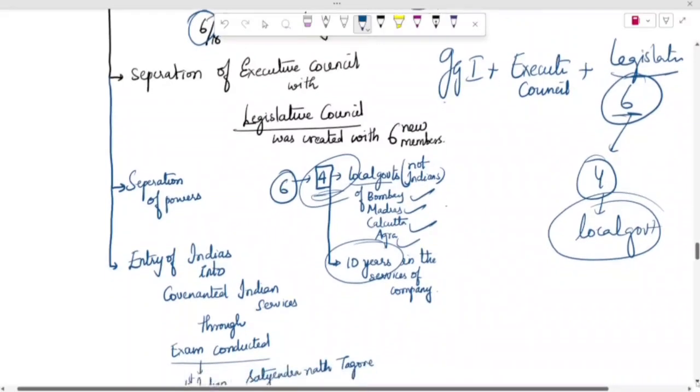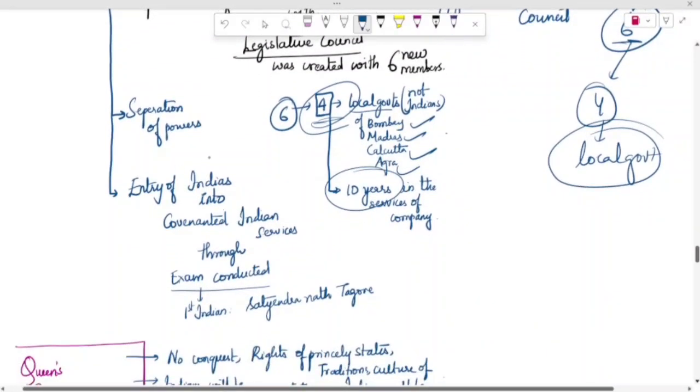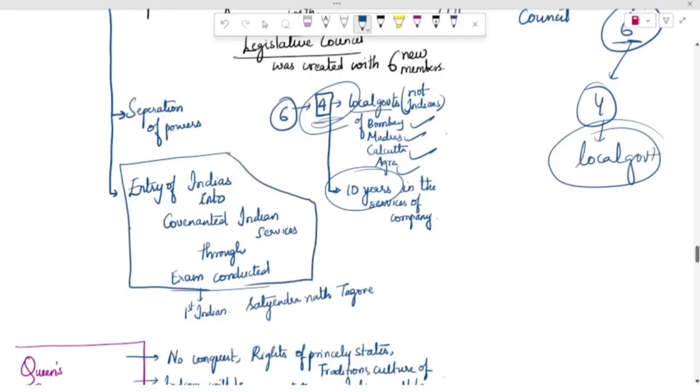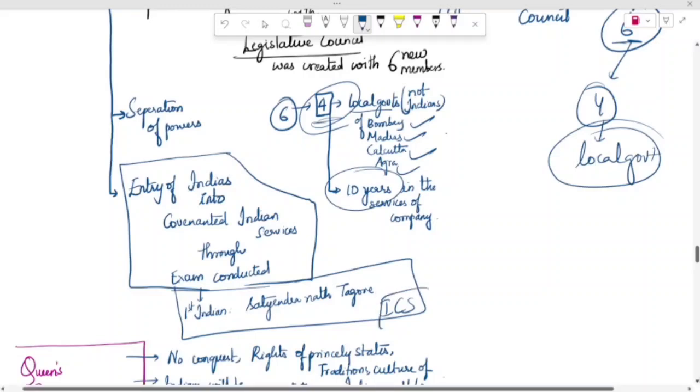This Act also spoke about the entry of Indians into the covenanted Indian services through an exam. The exam was conducted, and the first Indian to become a covenanted Indian services officer was Satyendranath Tagore.